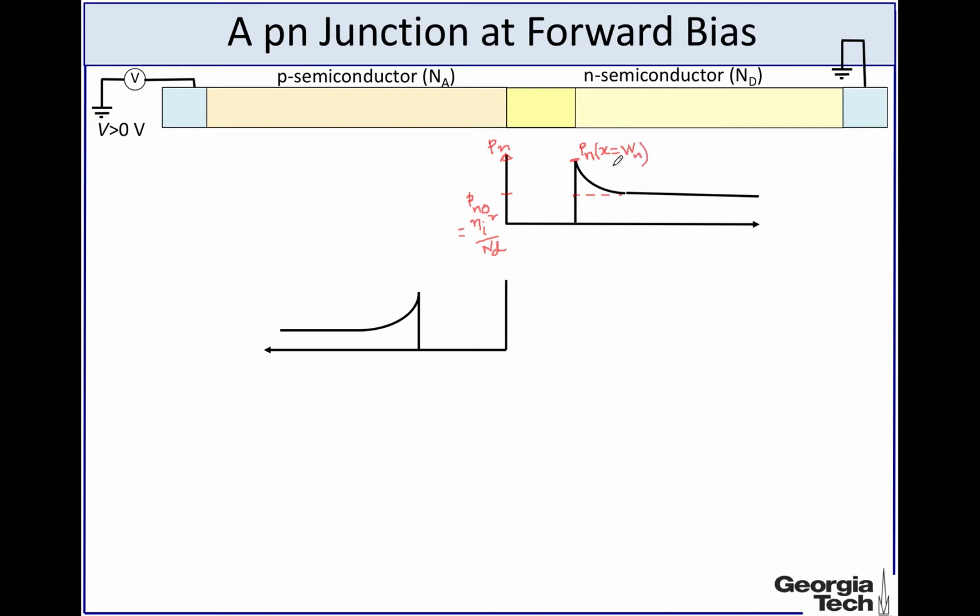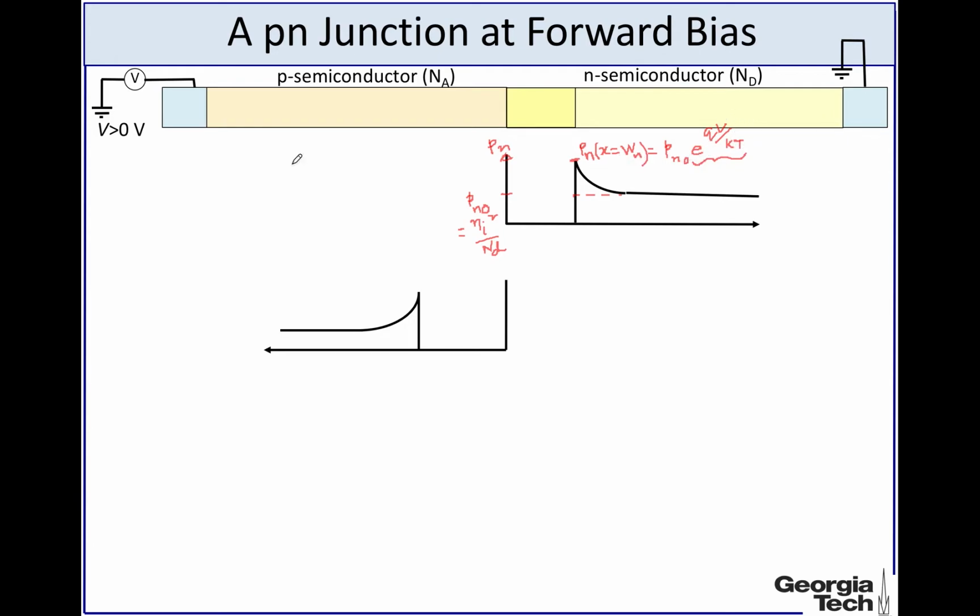This is actually equal to Pn0 e to the power qV over kT. Now why is there a factor e to the power qV over kT?